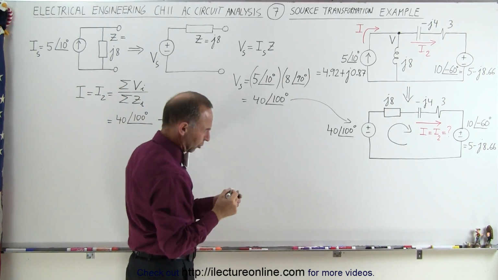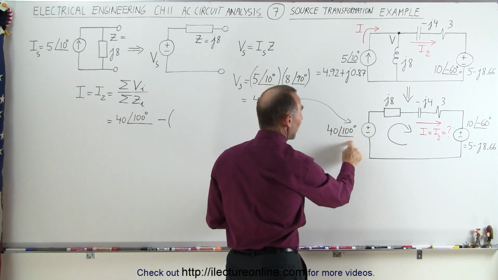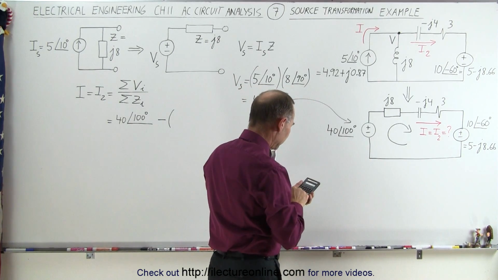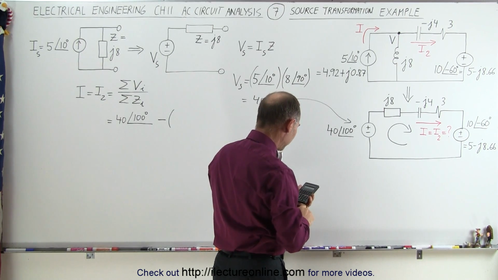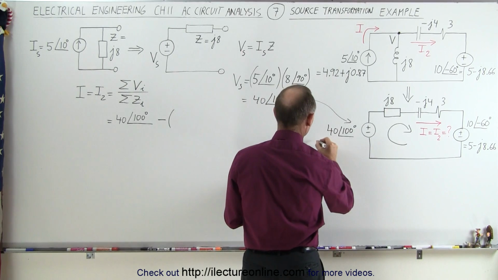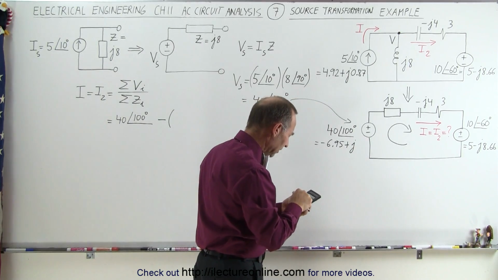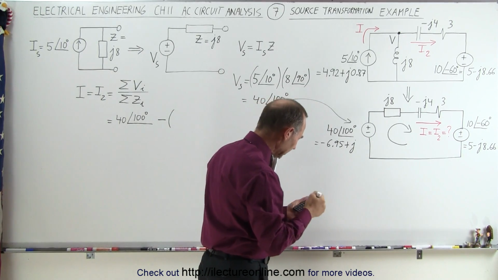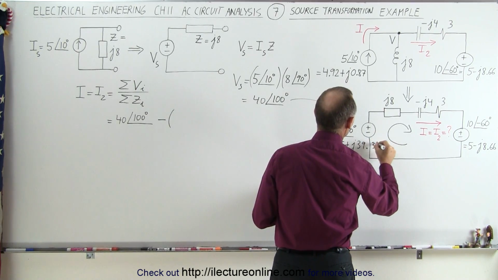And actually, to make things a little bit easier, let's convert this into the real and imaginary parts. We have 100 degrees, take the cosine of that, and multiply that times 40. That gives us minus 6.95. So this is equal to minus 6.95 plus J, 100 degrees, take the sine, times 40. That's 39.39.